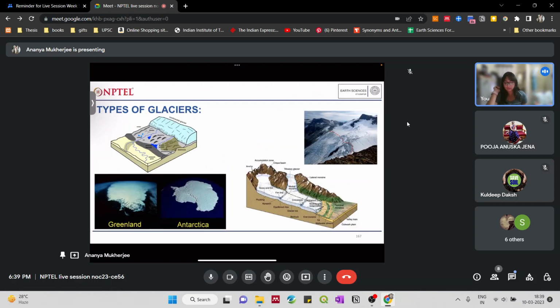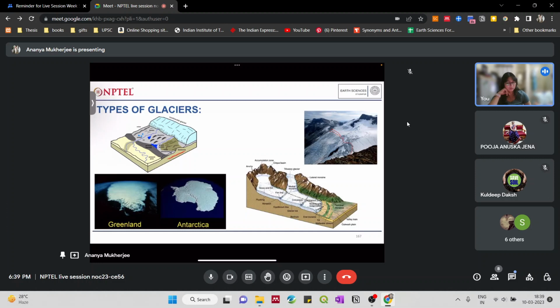You can see over here, this is an example of a continental glacier. You will find even these have a lot of erosional and depositional landforms. You can see Greenland and Antarctica in these satellite images. Over here you can see there is a red line.